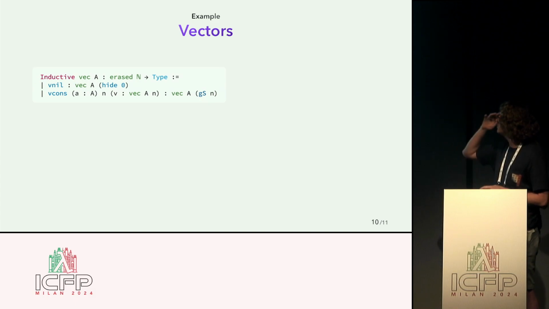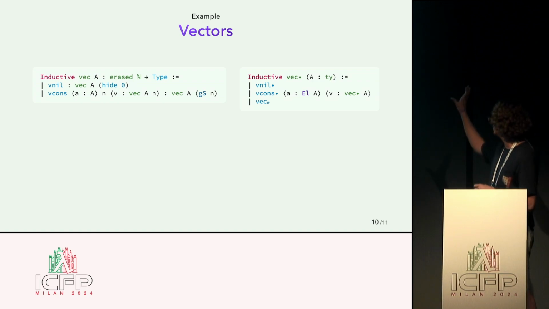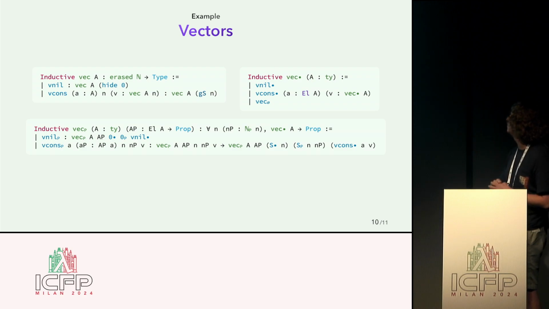And then for vectors, this is where it gets maybe more interesting. Now the erasure actually looks more like lists. Well, list with an exception, but you see that the natural number is gone from the type and from the data. And then that's the parametricity predicate that keeps track of the size.